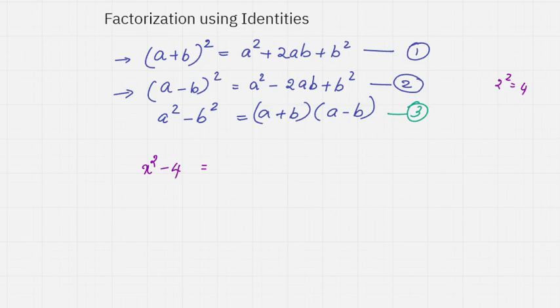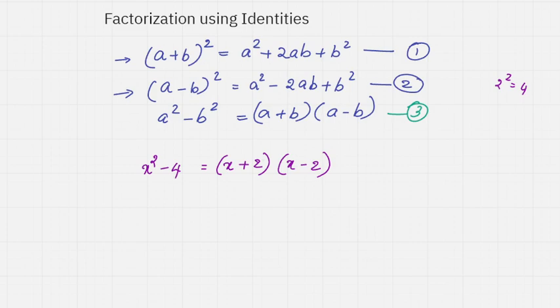You will add the square roots first: the square root of x square is x, plus the square root of 4, which is 2. So you will write x plus 2 as the first factor, and it will be multiplied with x minus 2, the difference of the square roots. This is the way we will write the factors of this identity.